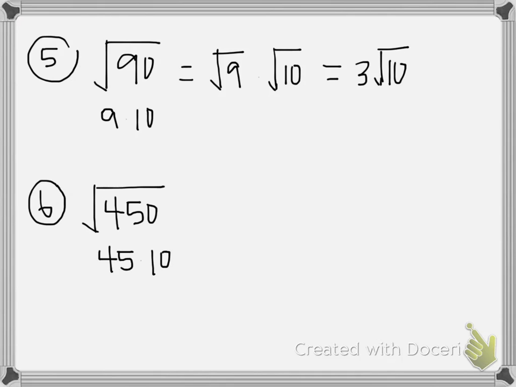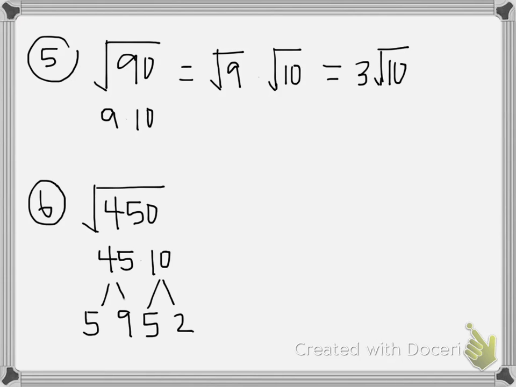Well, neither of these two numbers are perfect squares. 45 is 5 times 9. 10 is 5 times 2, right?